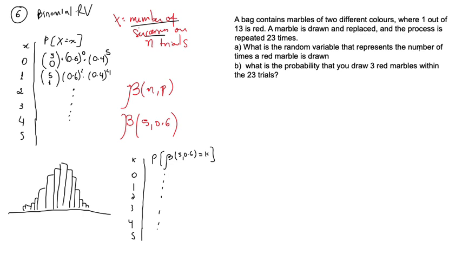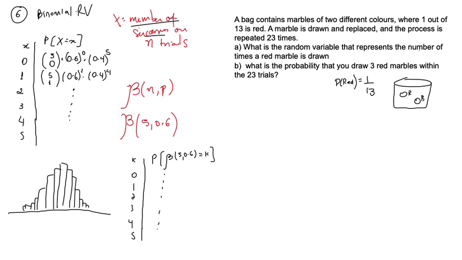I don't know how many of these balls I have, but I know that the probability that I draw red is 1 over 13. This is the information that I was told.